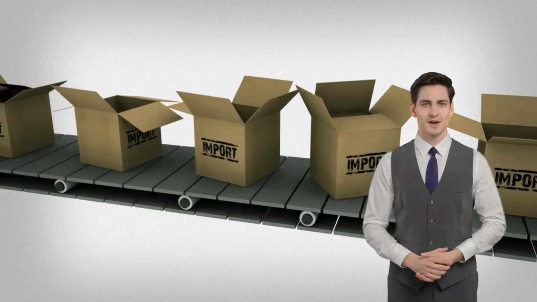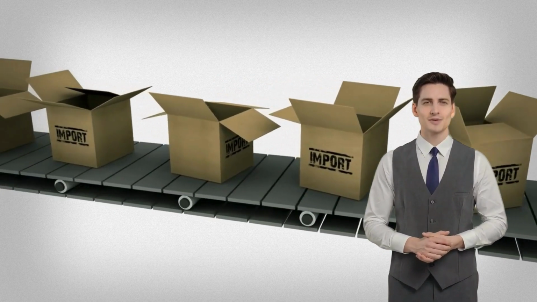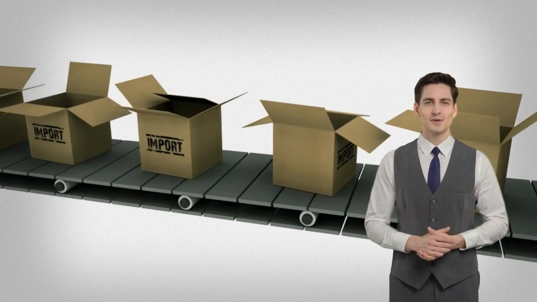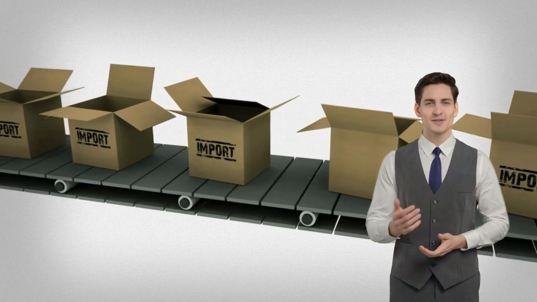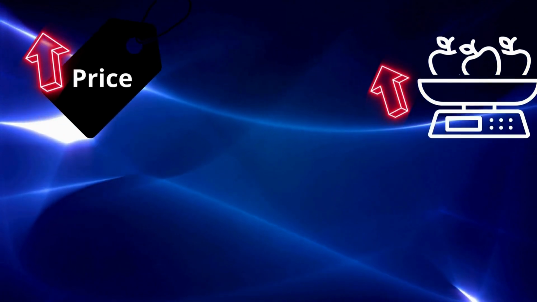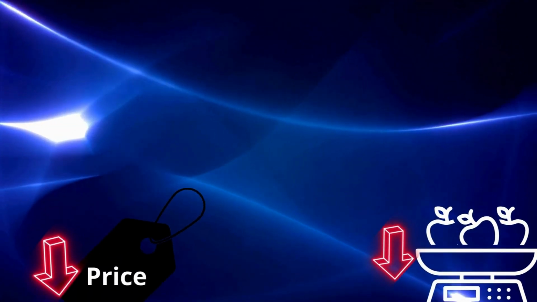Next up, let's talk about supply. The law of supply states that as the price of a good or service rises, the quantity supplied by producers increases, assuming all other factors remain constant. Conversely, as the price falls, the quantity supplied decreases. This relationship illustrates the positive correlation between price and quantity supplied, reflecting the profit motive of producers.